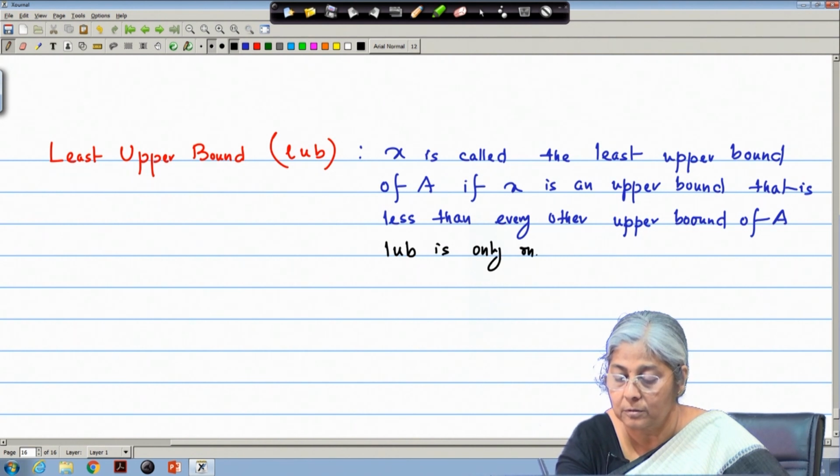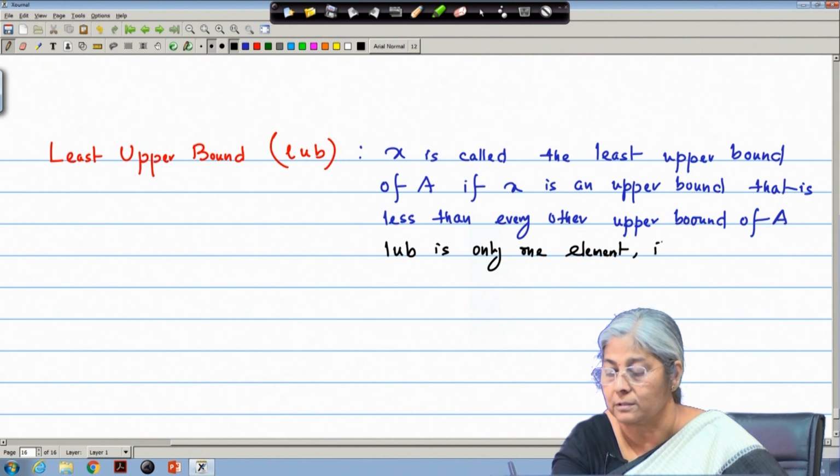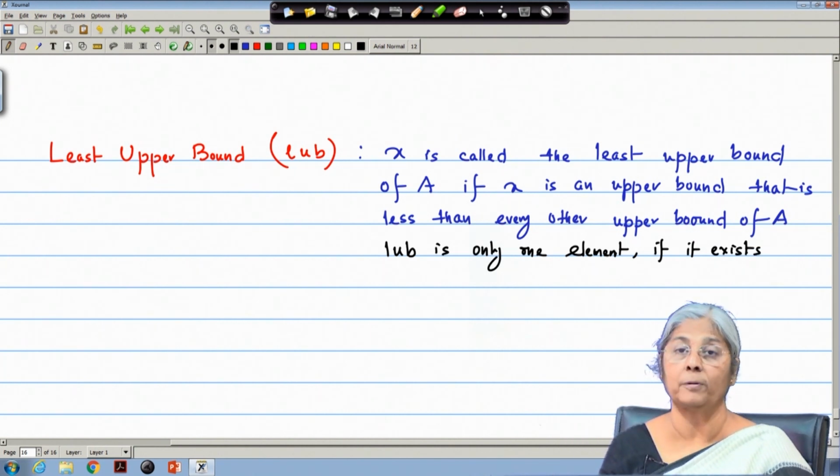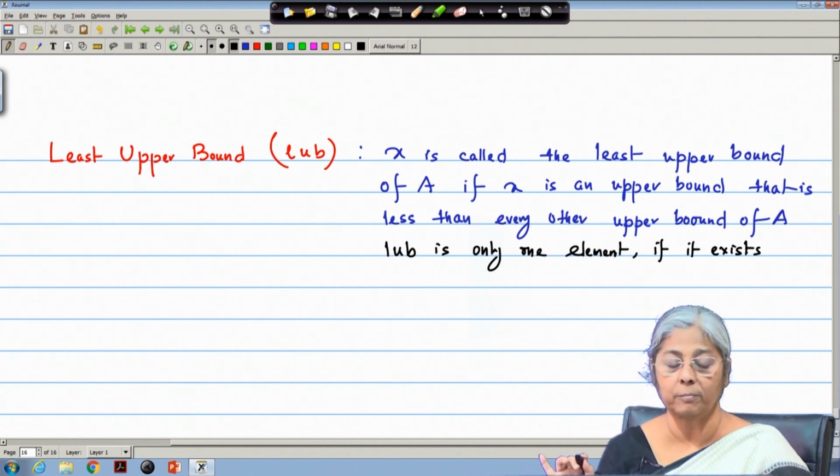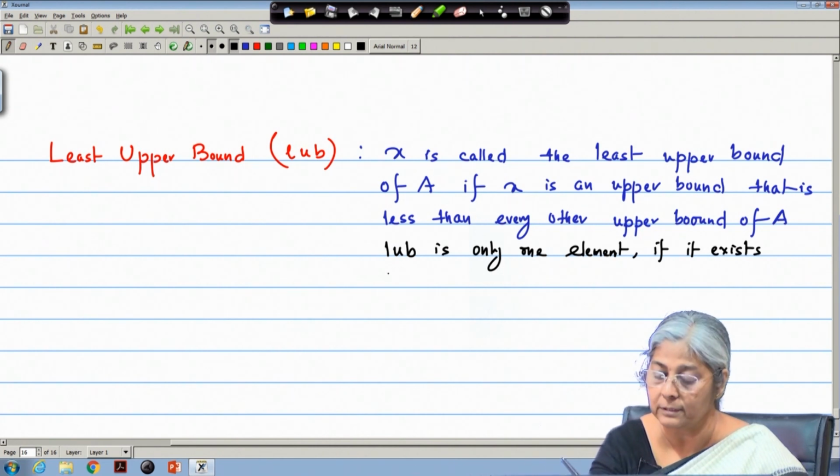that means, if it exists, only one element if it exists, because we have seen that even an upper bound may not exist, then the least upper bound obviously will not exist.